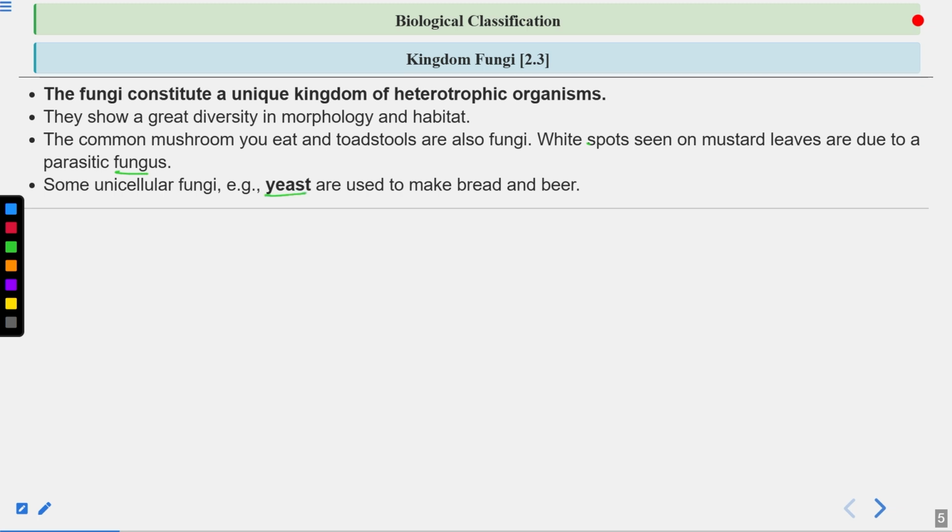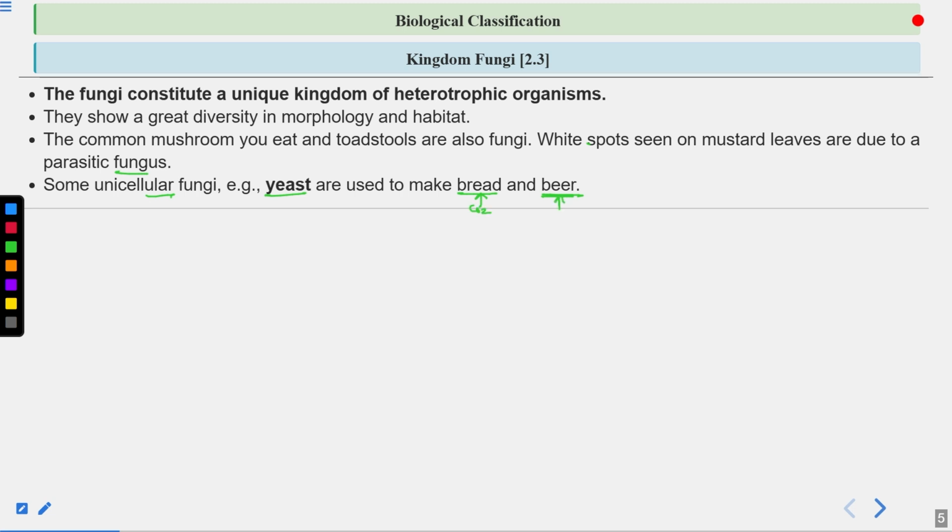Then again, this is very important here. Yeast, you should remember it is a unicellular fungi. What is the importance of yeast? In yeast, there is alcoholic fermentation. Fermentation is a kind of anaerobic respiration and it is used to make bread and the beer. Okay, so rise in the dough, it is because of the carbon dioxide which is released during the alcoholic fermentation.